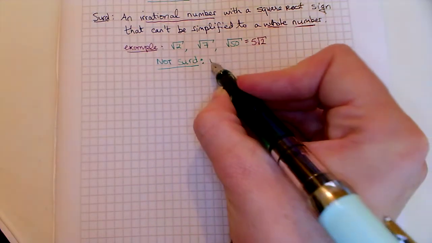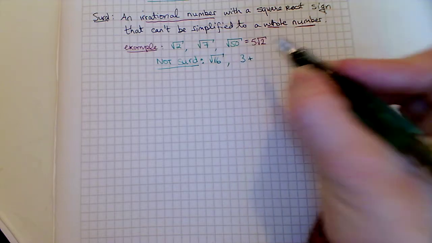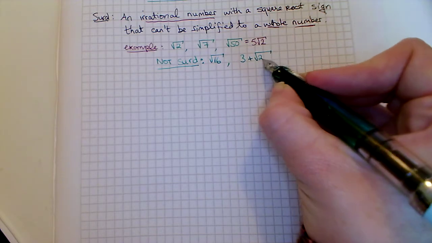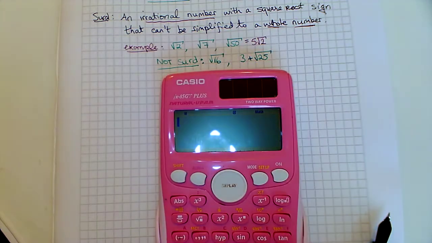Something that is not a surd would be the square root of 16, or 3 plus the square root of 25. Why? Well, when I put those into my calculator, hopefully you could do these in your head, you can see that that simplifies to a whole number.